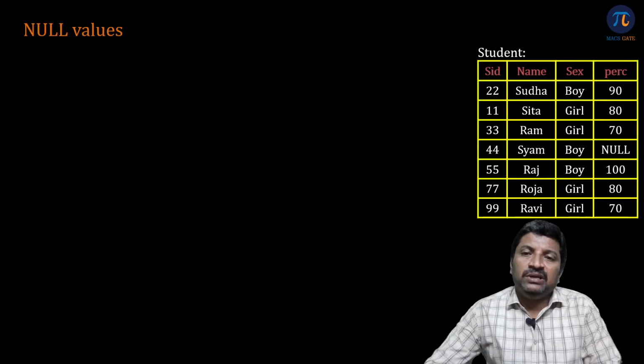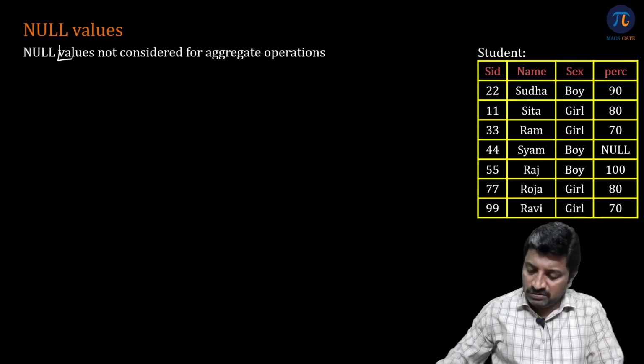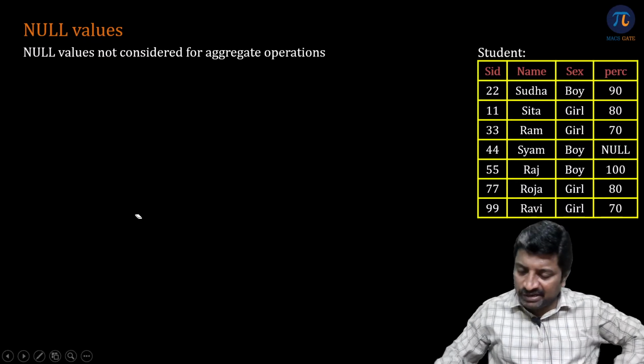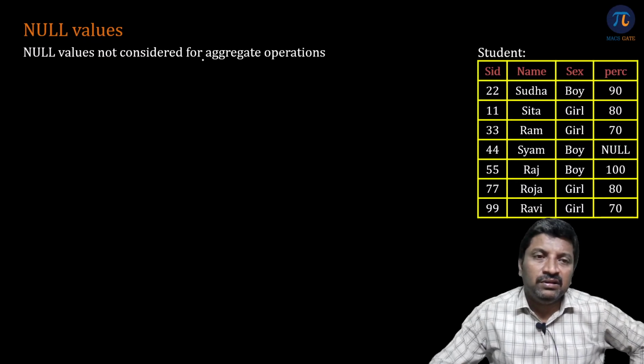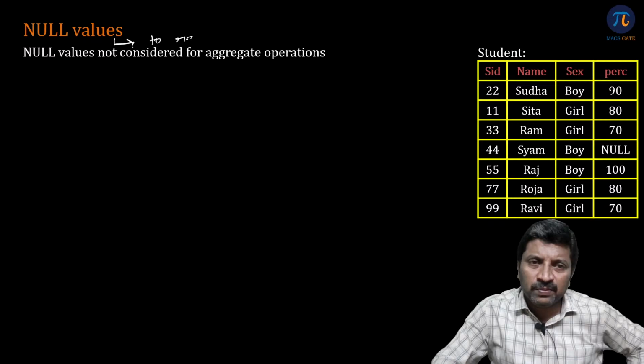So null values. Whenever we don't know the value, null values are generally considered. This one we have already discussed, sir, to represent unknown values.